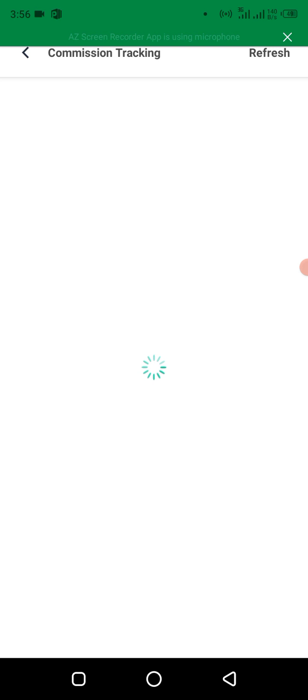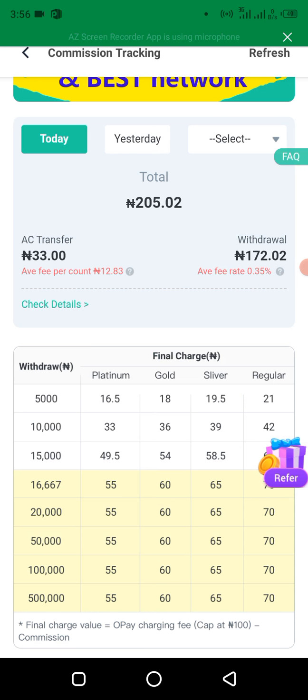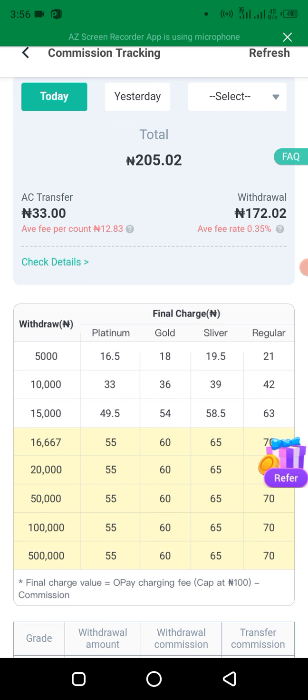That's 5 naira for every 1,000. So if you withdraw 10,000 naira on other platforms, they will charge you 50 naira. But on Opay, the lowest category will be charged 42 naira, which means you are saving 8 naira.